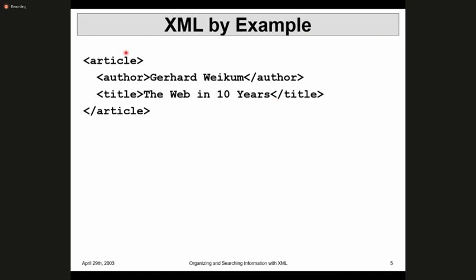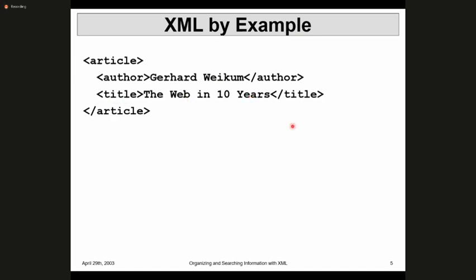So basically this XML document represents an article, written by this author, and the title of this article is The Web in 10 Years, right?